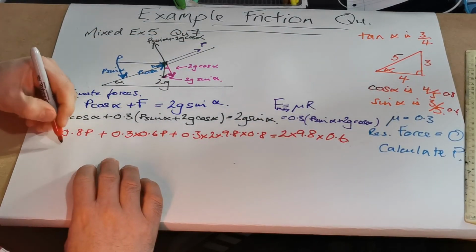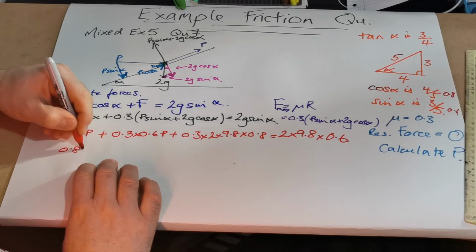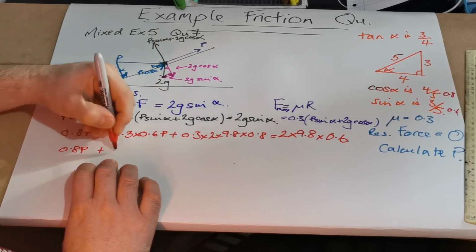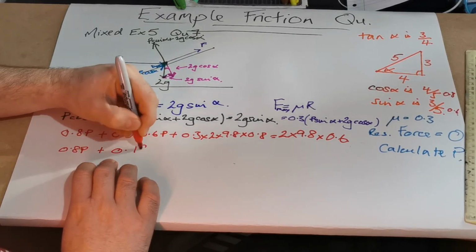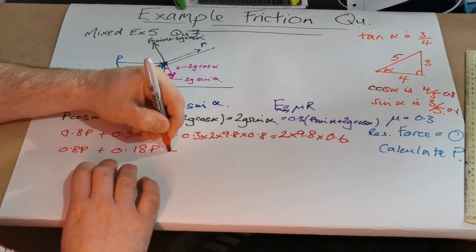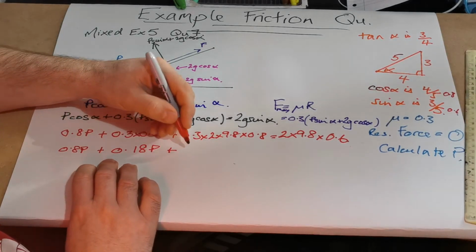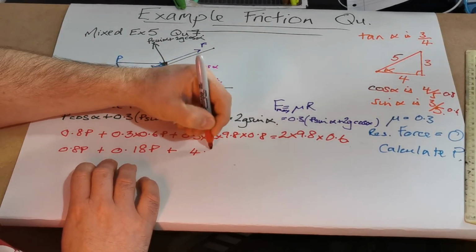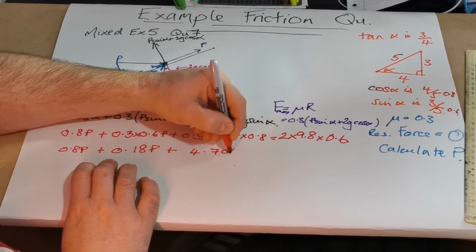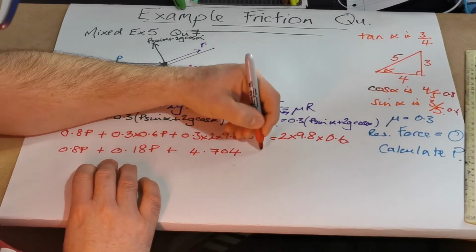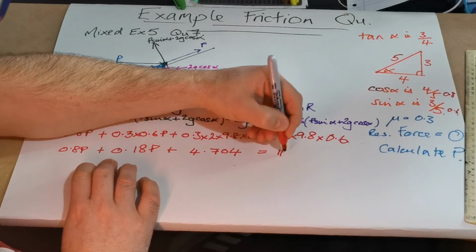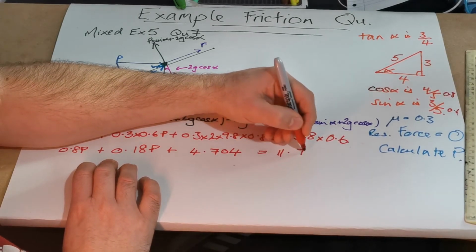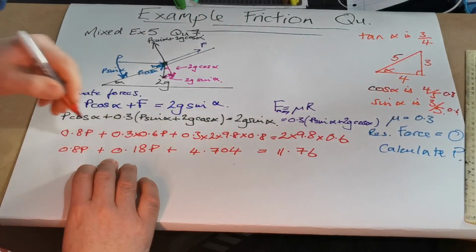And when I work them out, I've got 0.8 P plus 0.18 P plus 4.704 equals 11.76.